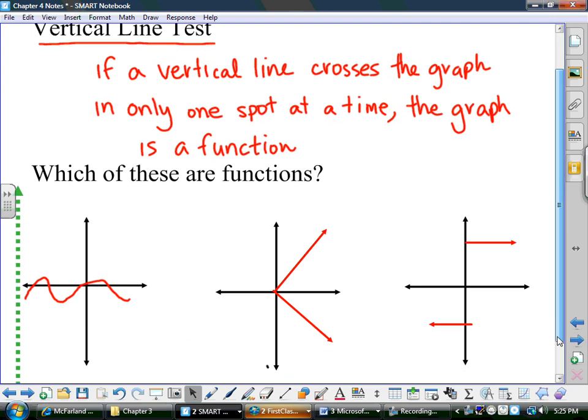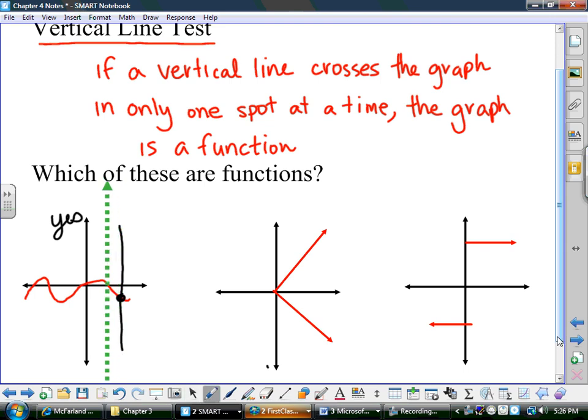Take a look at these graphs. This first one, if I take my vertical line and move it across the graph, the vertical line is only touching the graph at one spot at a time. So this graph is a function. Each x value, no matter which x value I'm looking at, only has one y.